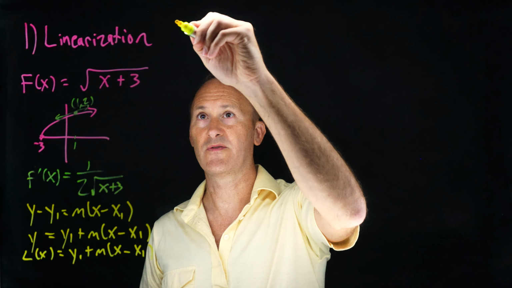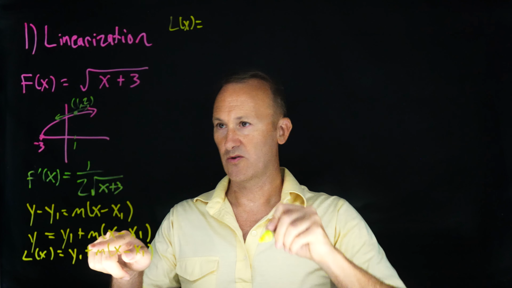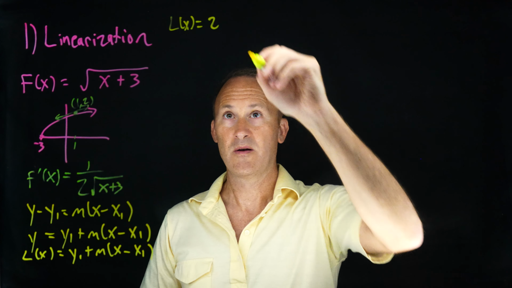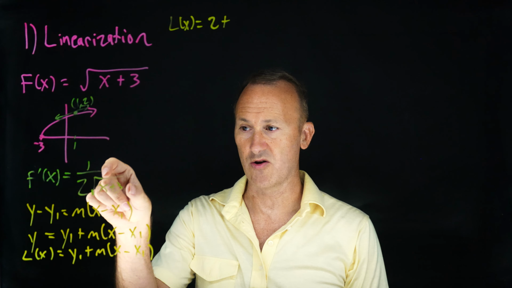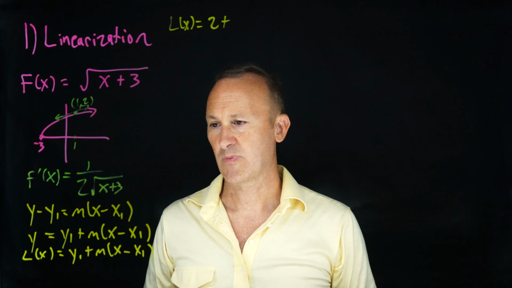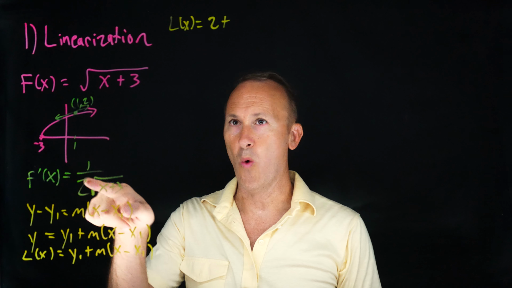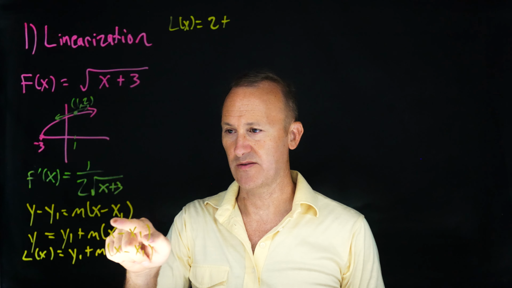We've got L of x equals, so y1 is our 2. So we have a 2 here, plus, now what is m? m is going to be this slope. And we're using the point 1, 2, right? We're using that line right there.